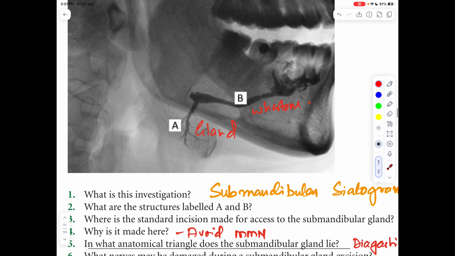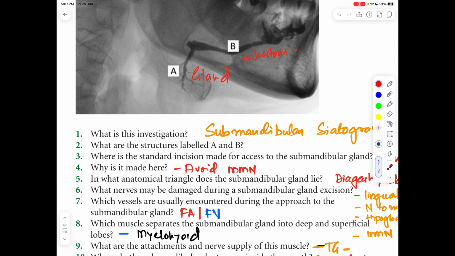What is the standard incision made for the submandibular gland? The incision is 3 centimeters below and parallel to the mandible. Why is it made there? To avoid the marginal mandibular nerve, because the marginal mandibular nerve runs here. So avoid that.